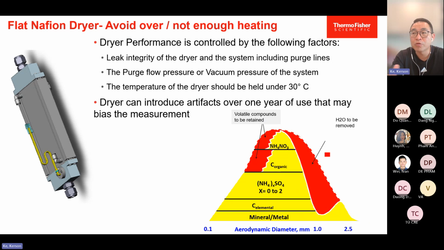So sometimes we cannot see the real PM 2.5 value.